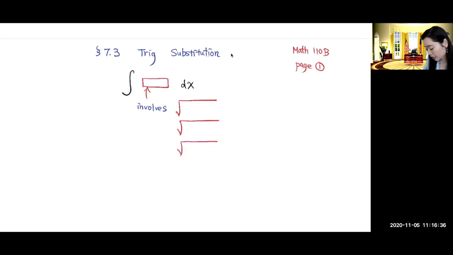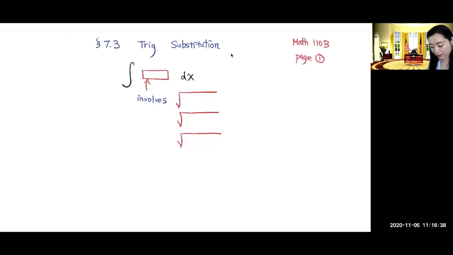So what are the 3 types of square root? Square root of a squared minus x squared, a squared plus x squared, or x squared minus a squared, where a is a positive constant.